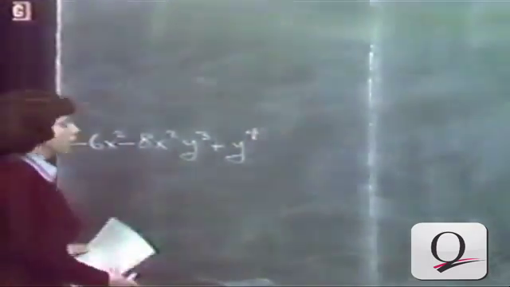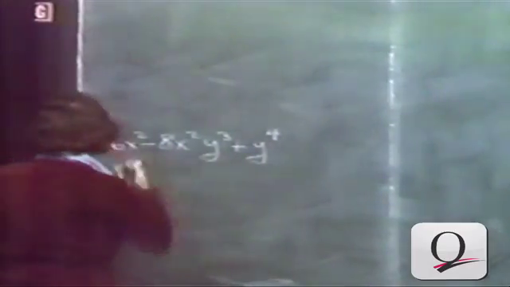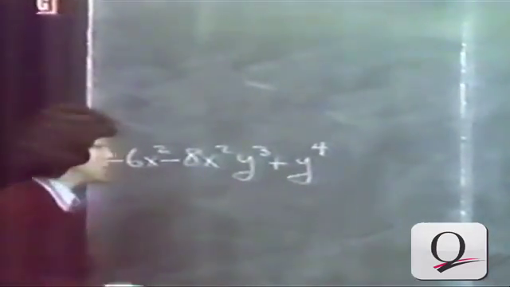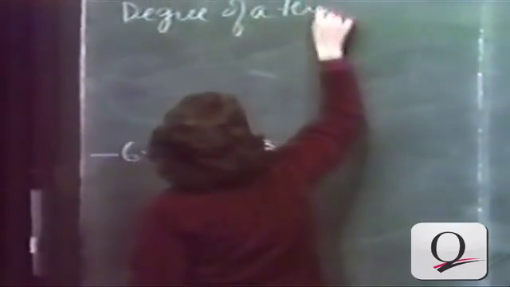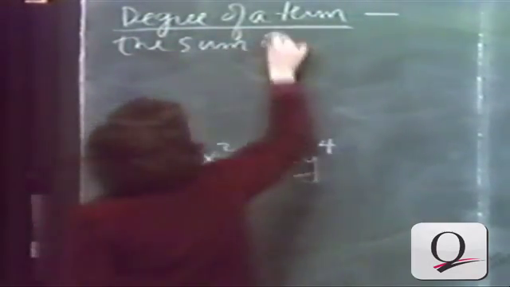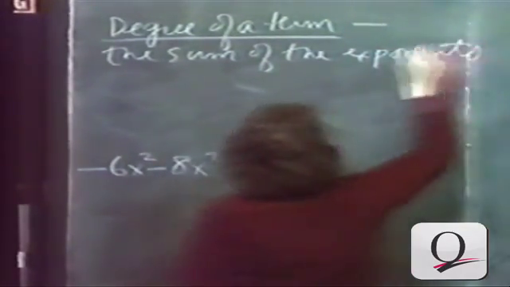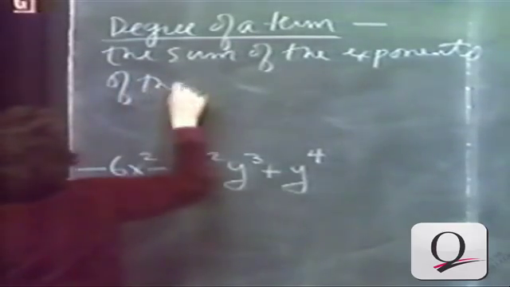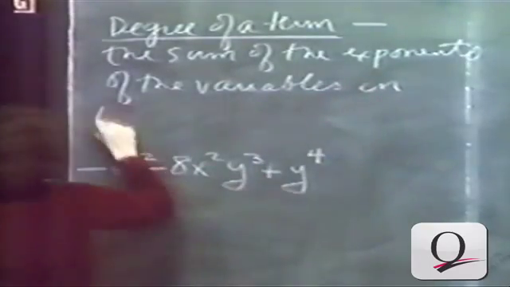Each term in the polynomial has a degree. The degree of a term is equal to the sum of the exponents of the variables in that term.